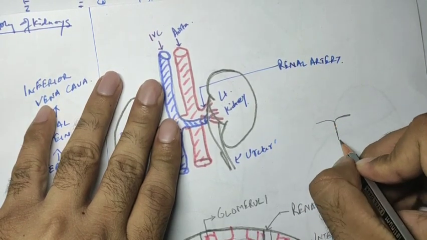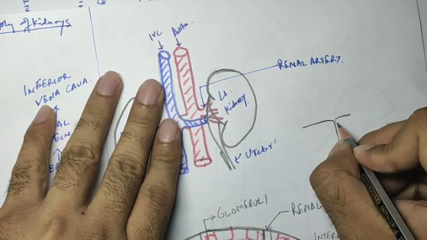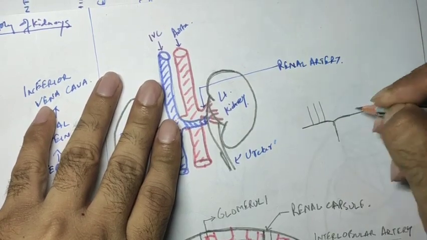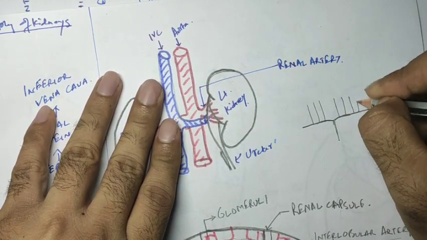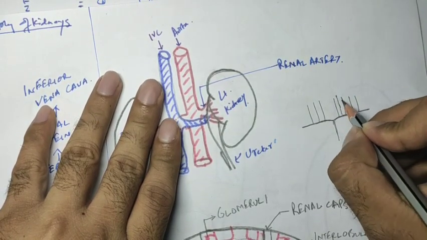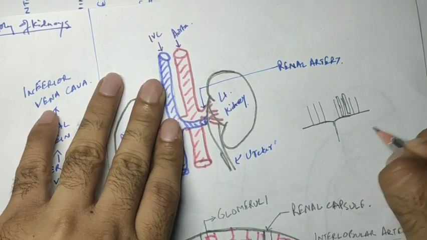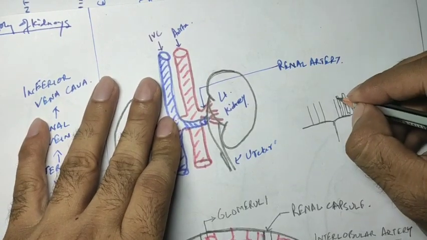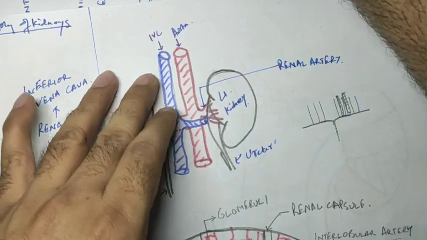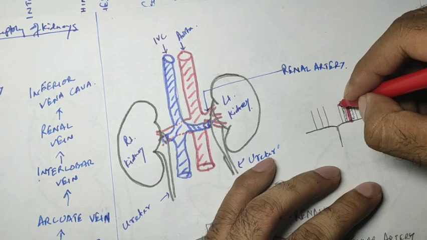So this interlobar artery will come like this, then the arcuate artery will go like this, and then it will give off interlobular artery that will be going in between two lobes. So this is one lobe, this is another lobe, and this artery is going in between these two lobes.